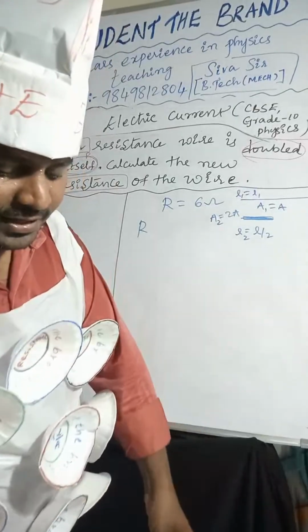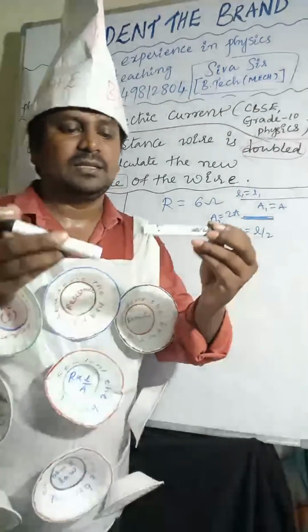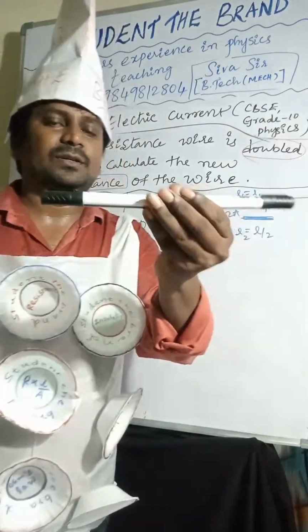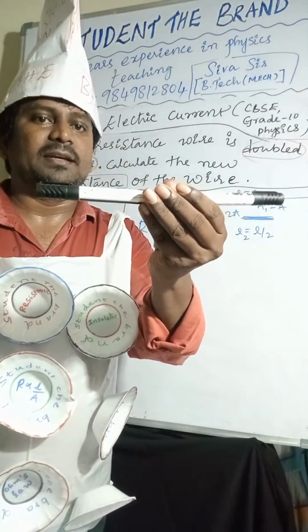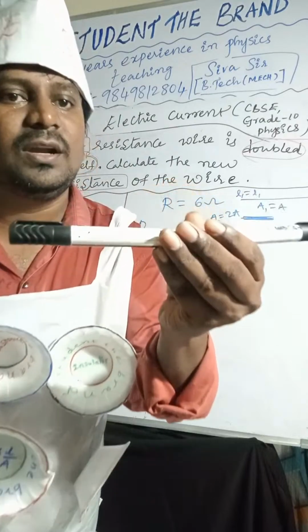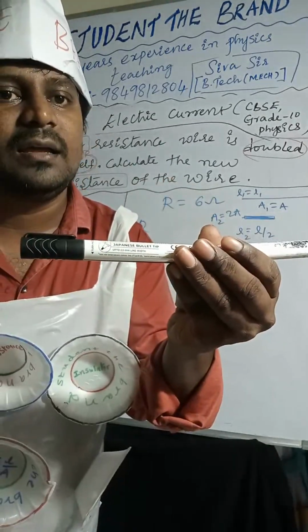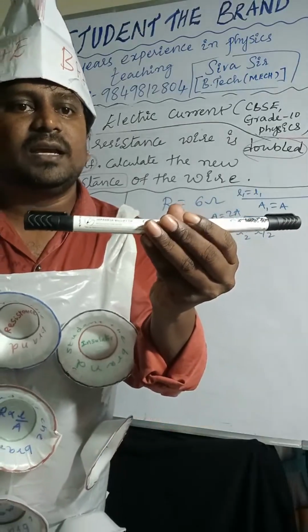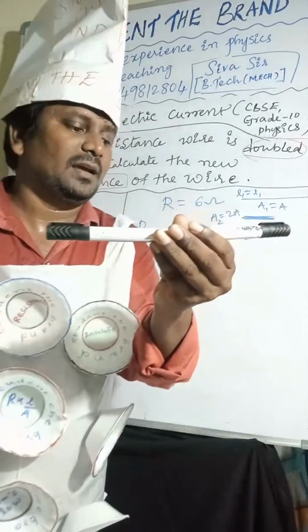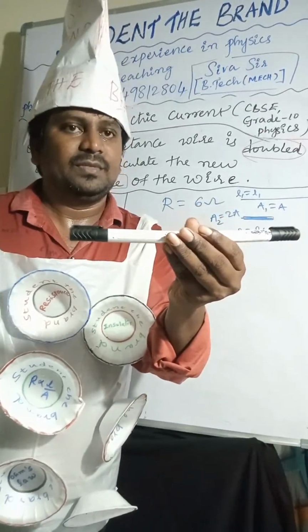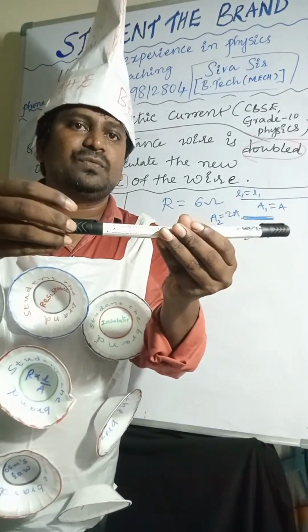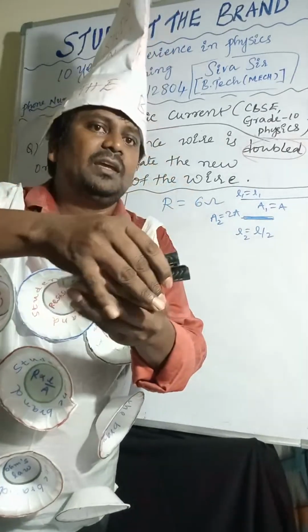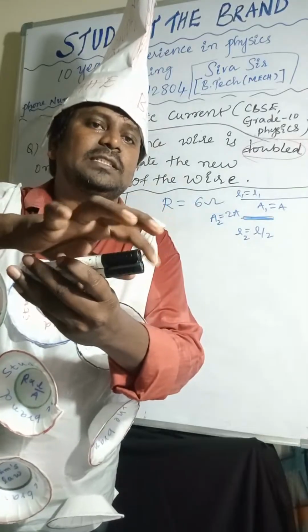When you are folding like this, normally this is the wire, this is the length of the wire. When it is folded on itself, the area of the cross section increases.